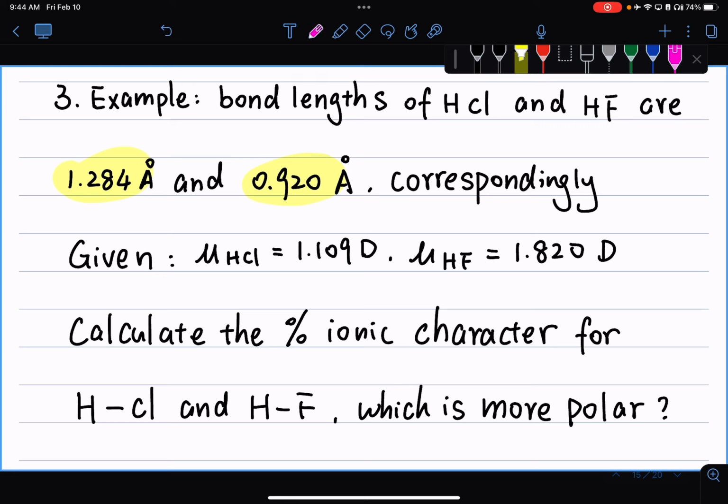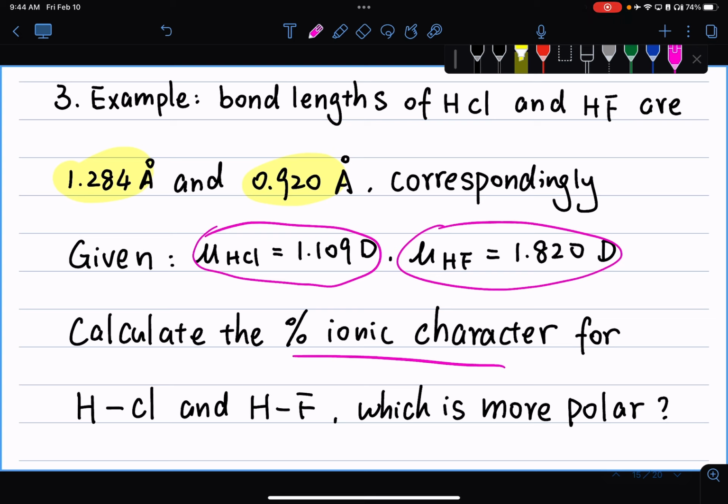You can also get the dipole moment of HCl and HF from reading the table. Can you calculate the ionic character for HCl and HF and tell us which one is more polar? Just intuitively, you would expect HF to be more polar because fluorine is more electronegative. But we can quantify it by calculating the ionic character percentage.